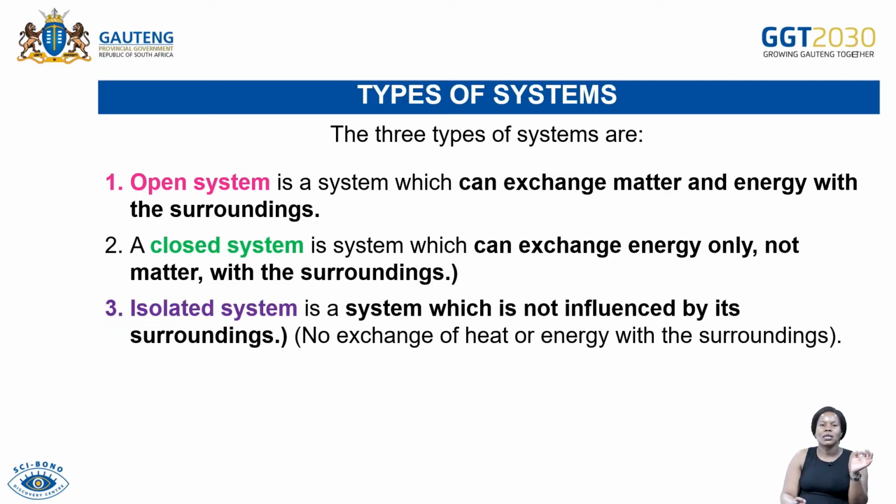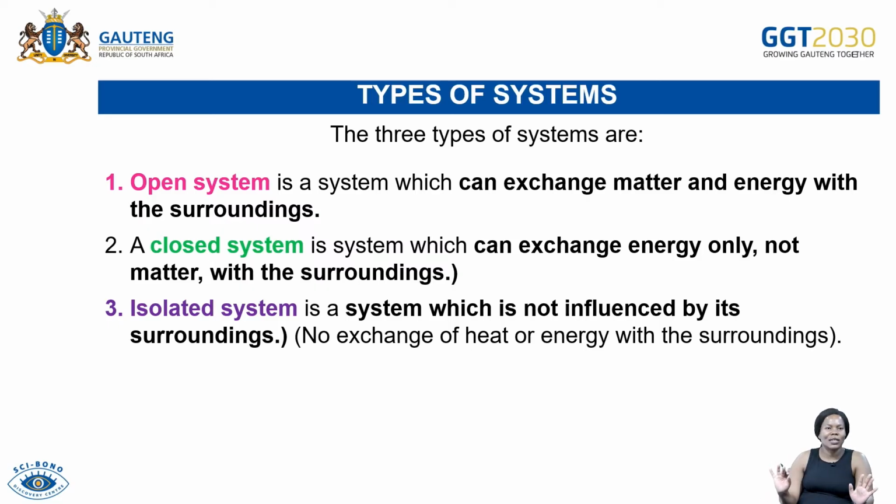And then the third is an isolated system. An isolated system is a system which is not influenced by its surroundings. So it's isolated, it's on its own. Whatever is happening on the outside does not have an impact on what is happening inside the system. What does that mean in simple terms? It means that there is no exchange of heat, no exchange of energy with the surroundings.